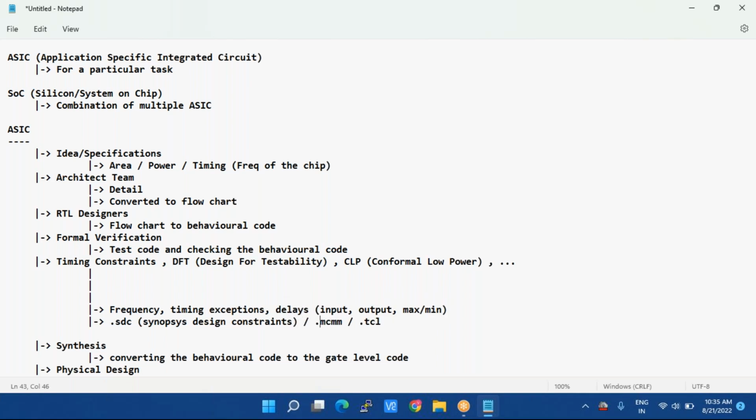And MCMM means multi corner multi mode. Either of the files or a combination of the formats will be used to develop the timing constraints. Okay, clear?